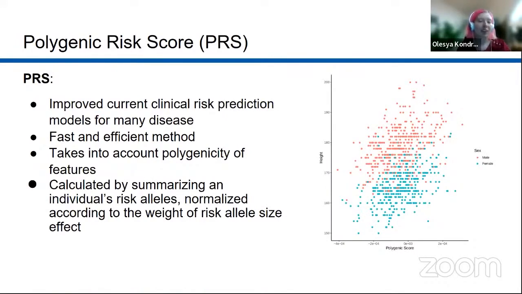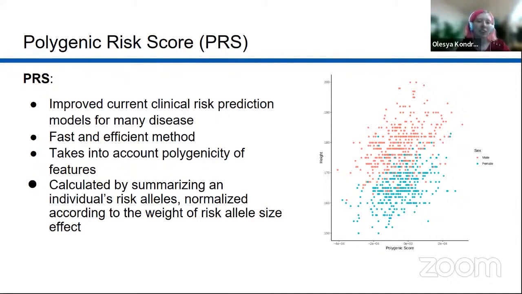To estimate how well GWAS represents the correlation between height and body mass index and genetics, we used polygenic risk score analysis. It is an approach for predicting personal predisposition to a certain trait, calculated by summing an individual's risk alleles normalized according to the weight of the risk allele effect size.